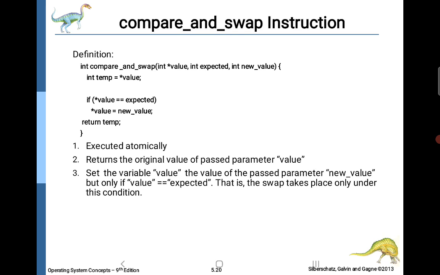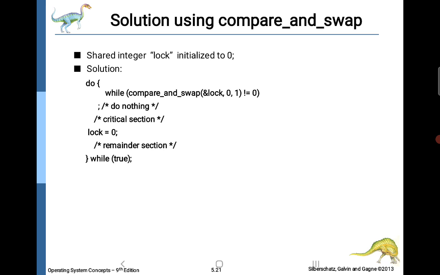It will expect the lock to be unlocked. If it's not locked, it will lock it, run the critical section, and then unlock it, as we shall see here.